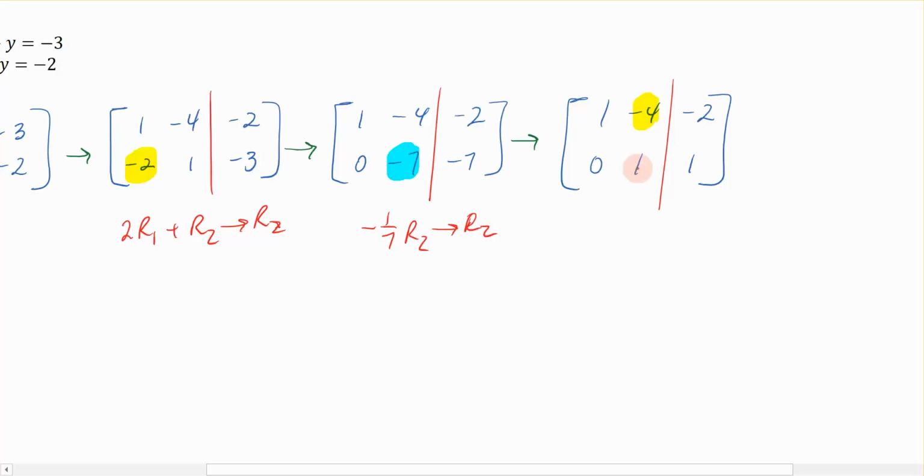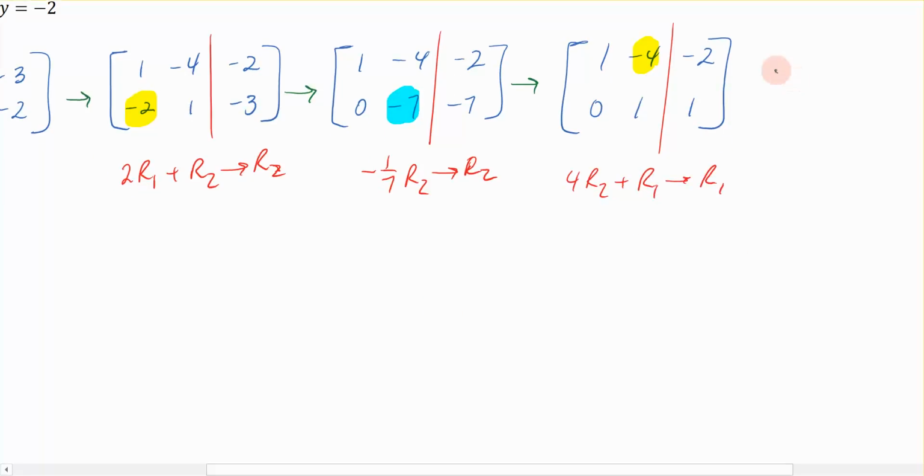This cell is going to have to add with this cell in order to give me a 0. So 4 plus a negative 4 is going to be 0. That's how I know what I want to do. So I'm going to multiply row 2 here by a positive 4, add it to row 1 to give me a new row 1.